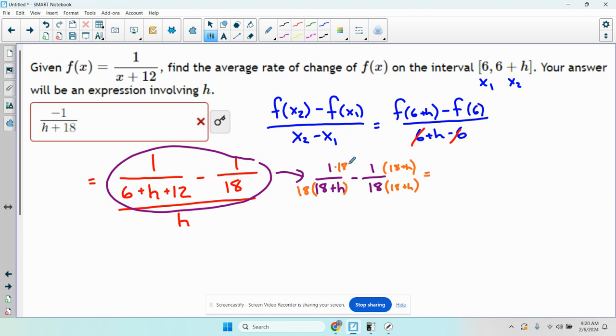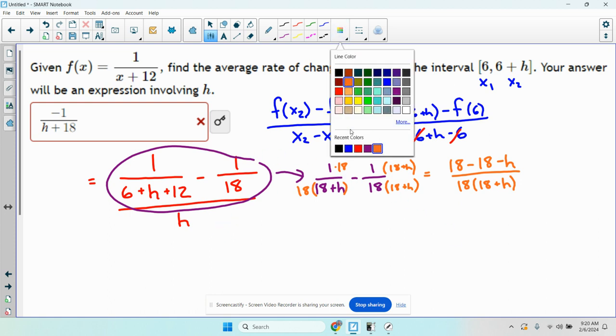So the numerator becomes 18 minus 18 minus h over, I'm going to leave this as 18 times 18 plus h.